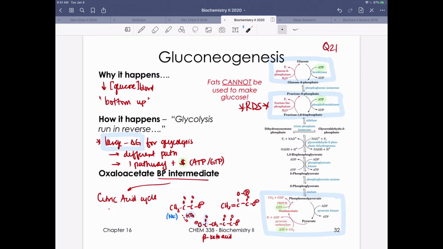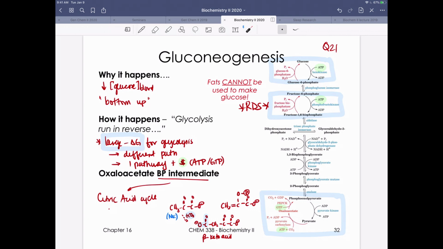But the net of what happens here is we're going to run glycolysis in reverse. To highlight here, remembering glycolysis is 10 steps, anything that was a large negative delta G in glycolysis, we can't go downhill both ways. So we have to choose a different path. And again, one of those paths has to include the incorporation of energy.